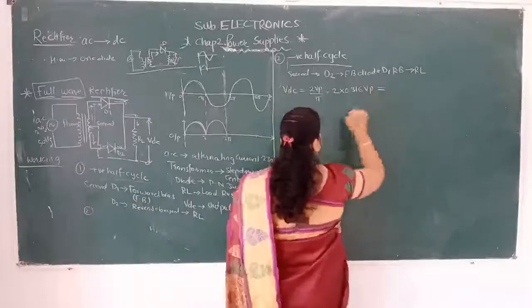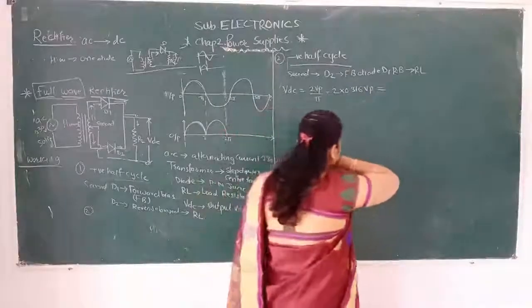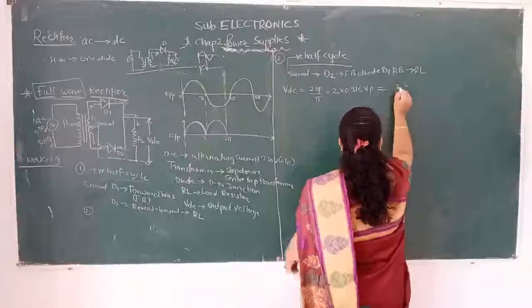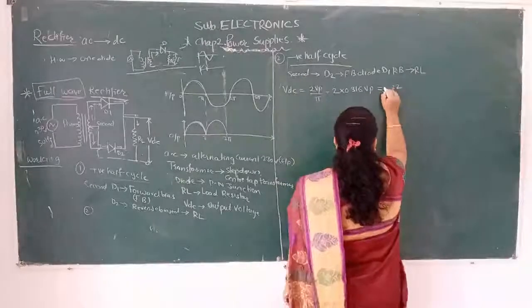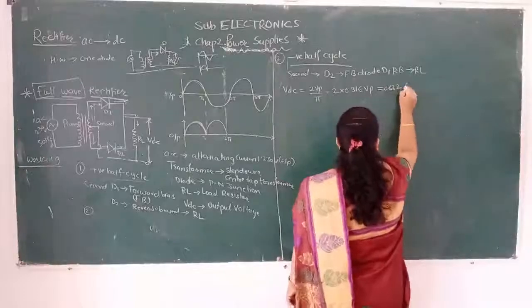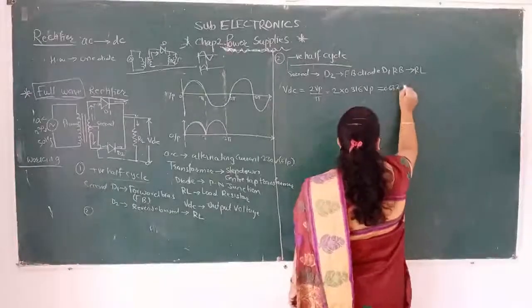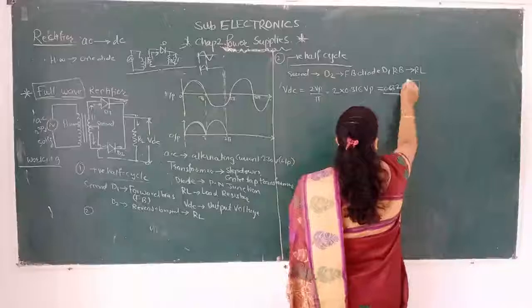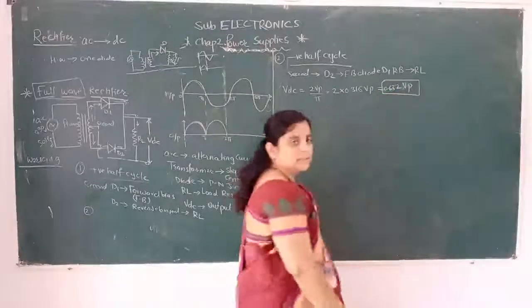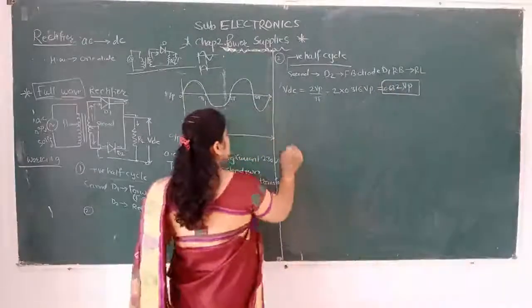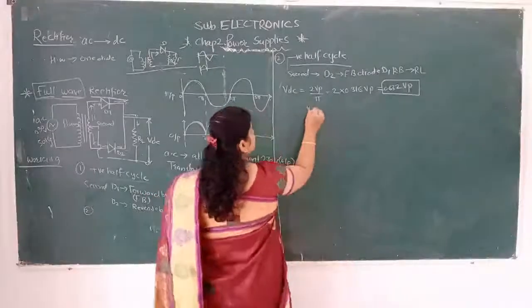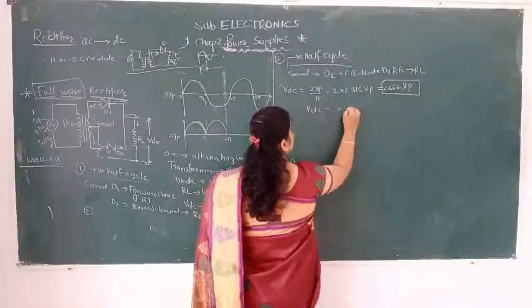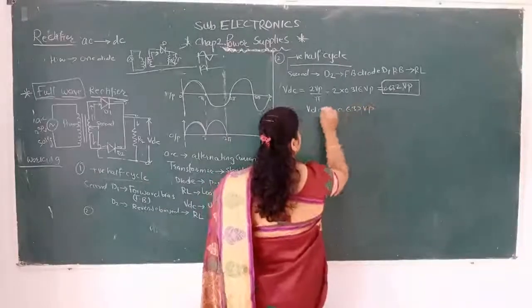So how much will it be? It is 0.632 Vp for the full wave rectifier, isn't it? And that is the output VDC. So VDC is equal to 0.632 Vp.